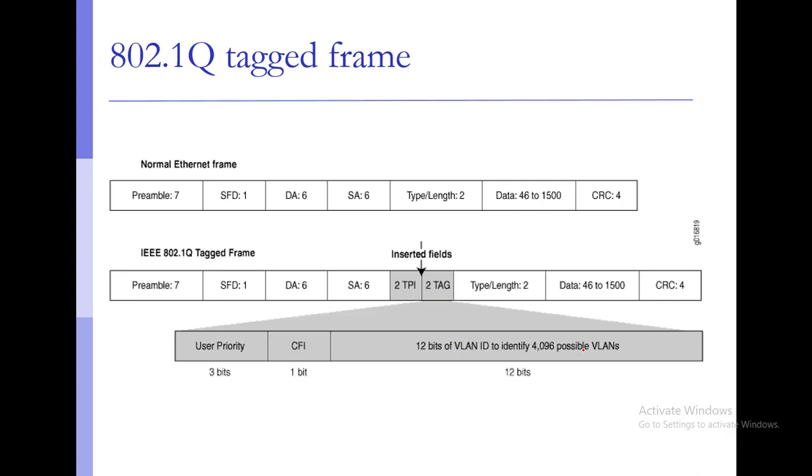If you have 12 bits, you can have 4096 possibilities of VLANs. So you can make 4096 possible combinations of these VLANs, and these 3 bits are allocated for the user priority, that is, how much priority this packet has, and this is CFI, some kind of flag.